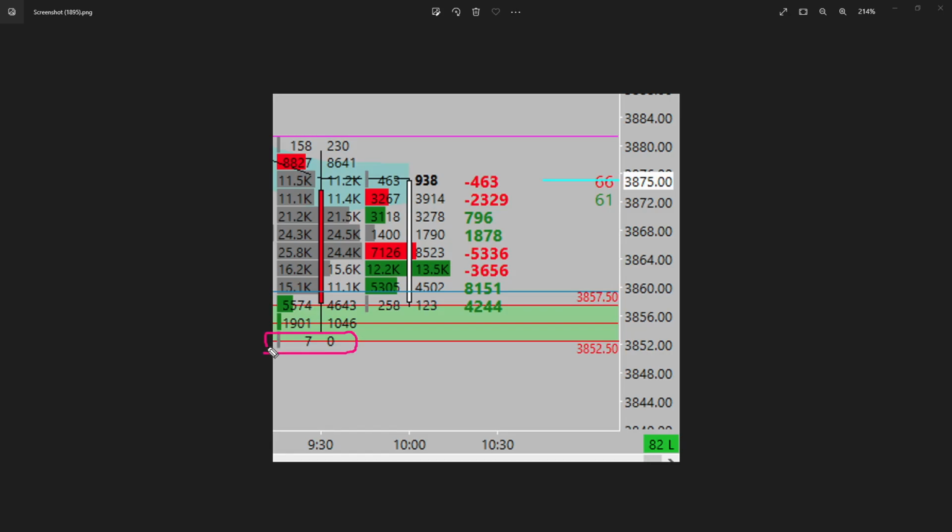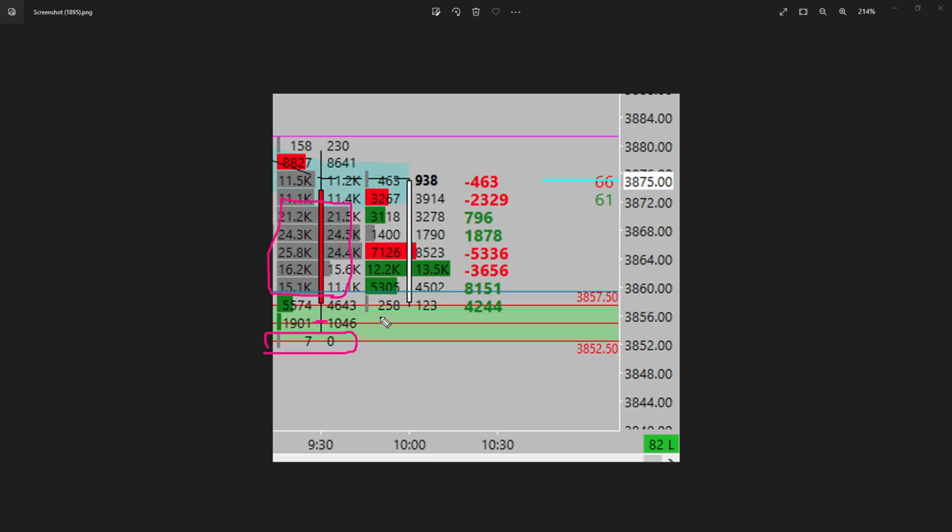Complete exhaustion at the lows, pulling up, double buying imbalance. This wasn't a double buying imbalance when I entered. We just had this one, but 0, 7, very small numbers, and 1,000, 2,000 contracts being transacted. We are exhausted. And just to drive the point home further, look at how many contracts are transacted over here. Tons, tons, tons, and complete exhaustion.